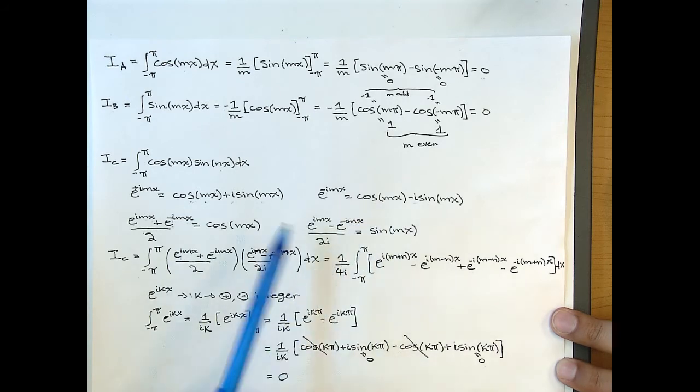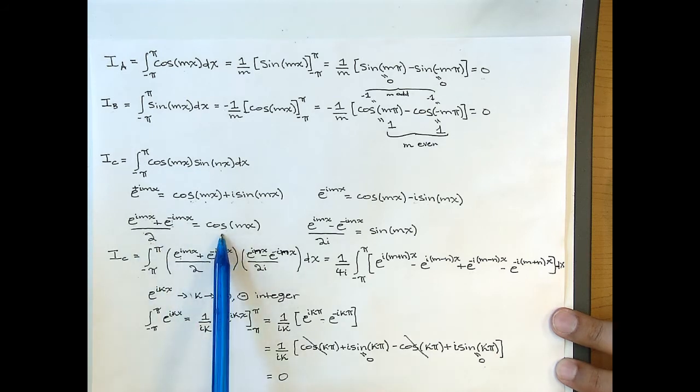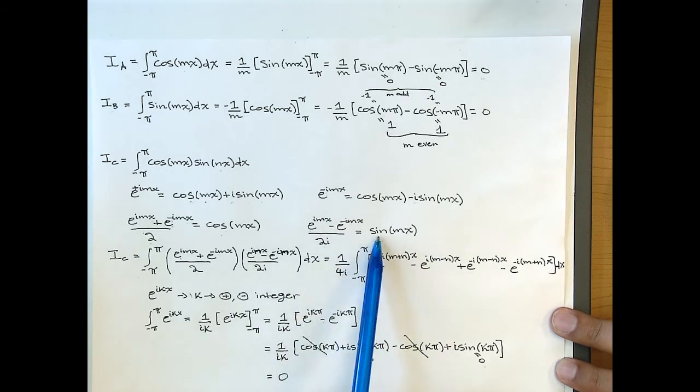All right, so if we just take the sum and divide by 2, that will just give us the cosine of mx. Okay, similarly, if we subtract the two and divide by 2i, this will give us the sine of mx.